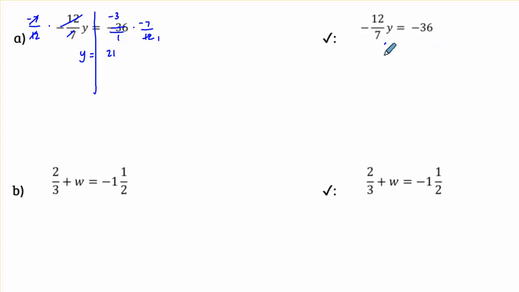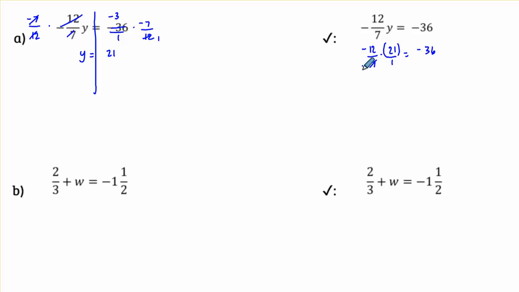So we think that our answer is 21. We're going to use our parenthetical promise, and so we're going to replace the y with 21, and everything else is going to come down. So we bring down everything else, and we do the math to prove it. So when we multiply, we're going to put a 1 underneath here. Let's see, since we're multiplying, we can cross simplify here.